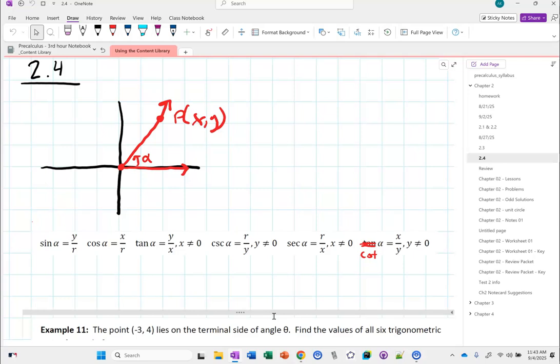So this is the big reveal. I've been hinting at this for a couple of days now. In this chapter 2, we started with this idea of SOHCAHTOA. It was our definition for sine, cosine, and tangent, where we're stuck inside of a right triangle using angles between 0 and 90 degrees.